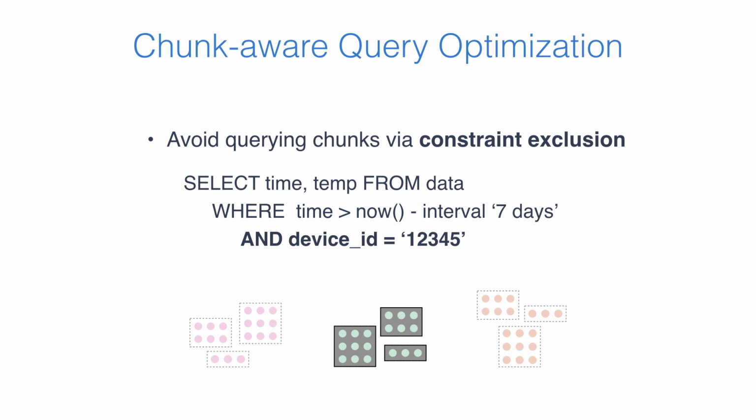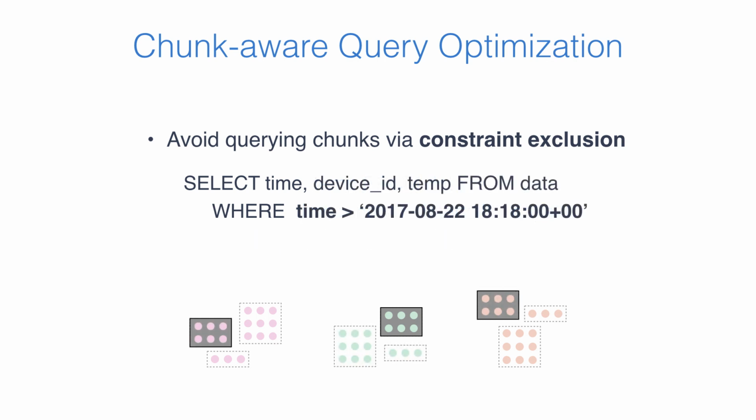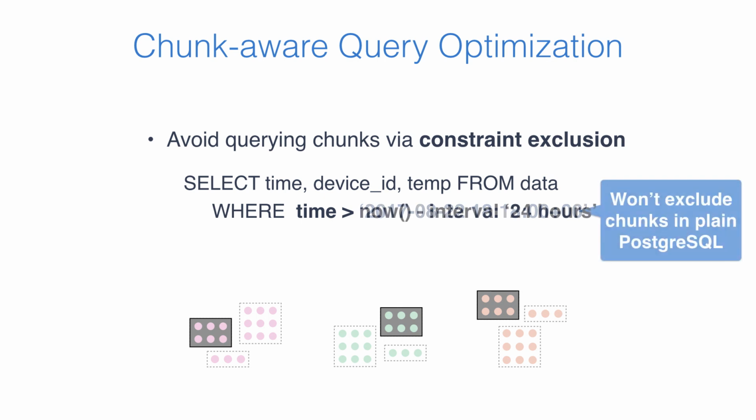So if I'm partitioning by device ID and I have a particular device ID in my where clause, I can just look at those chunks that belong to that device ID and no other. And I can do the same trick on time, which is my other partitioning dimension. And I can do that using a constant time or using math based on time.